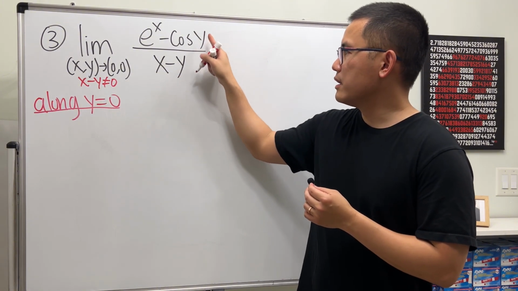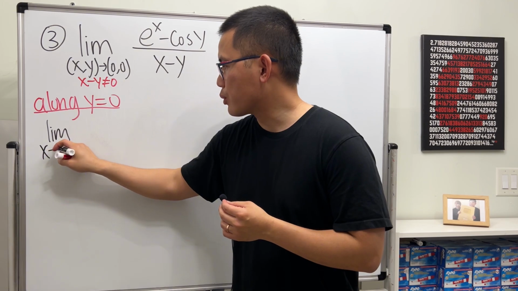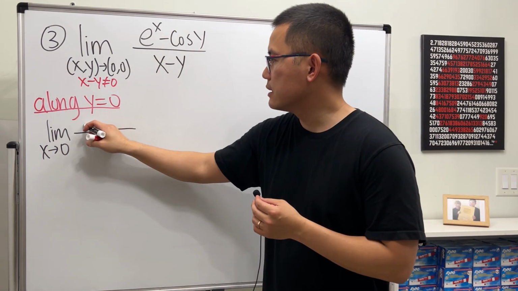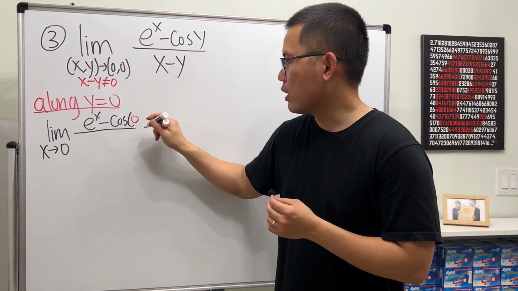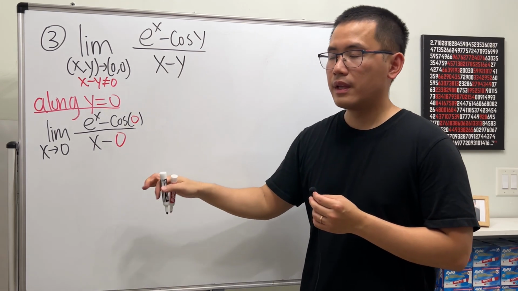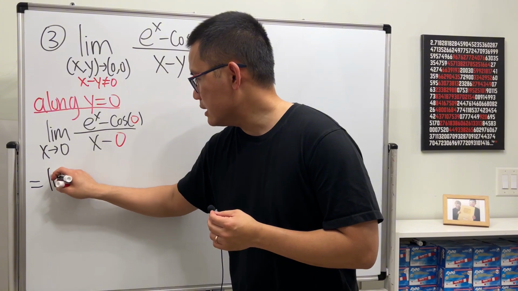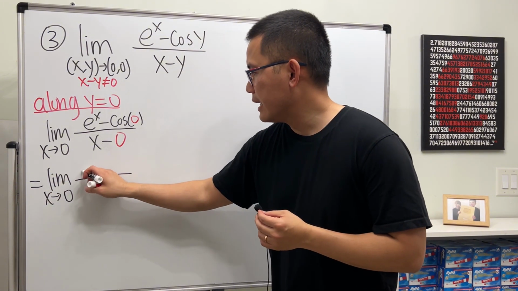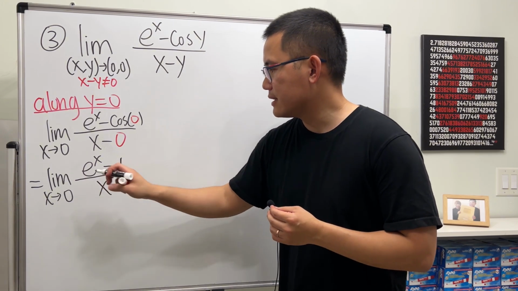Plugging 0 into y here and also y here, then we're looking at the limit as just x approaching 0, and then we have e to the x minus cosine of 0, and then x minus 0. Cosine of 0 is 1. So this right here is the limit as x approaching 0 of e to the x minus 1 over x.